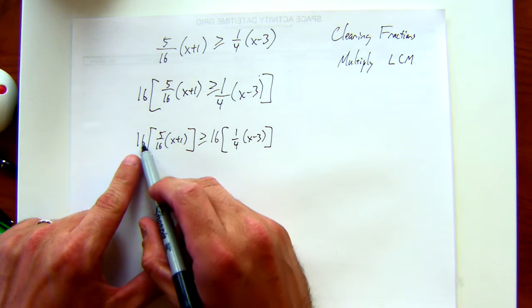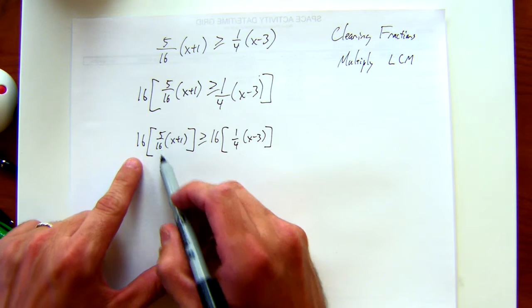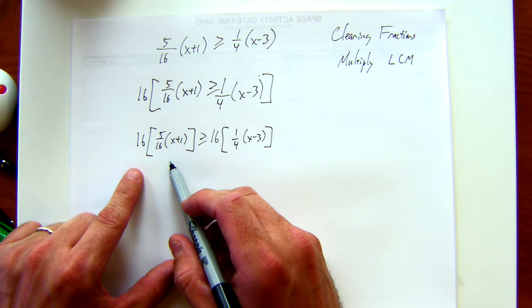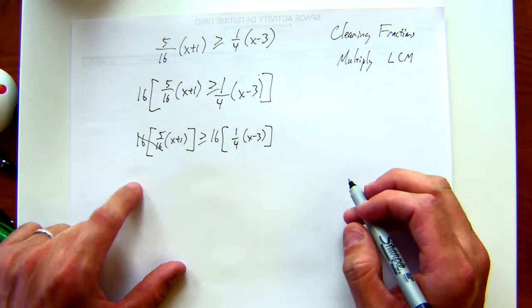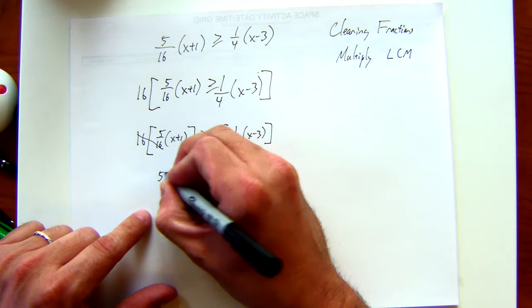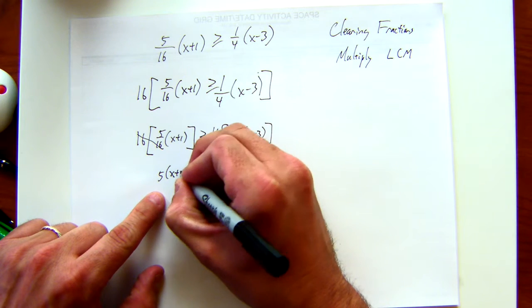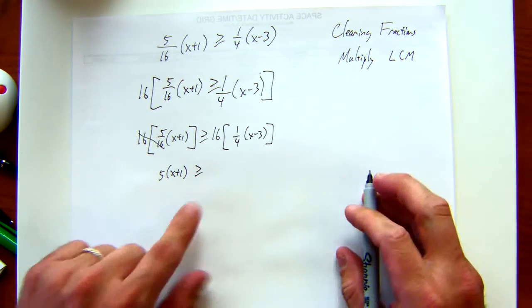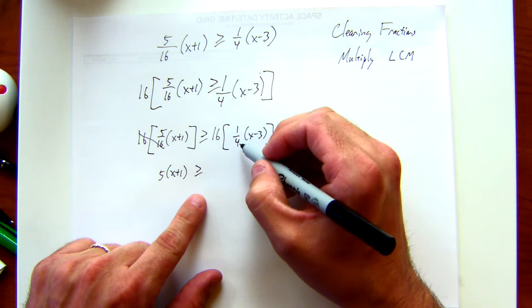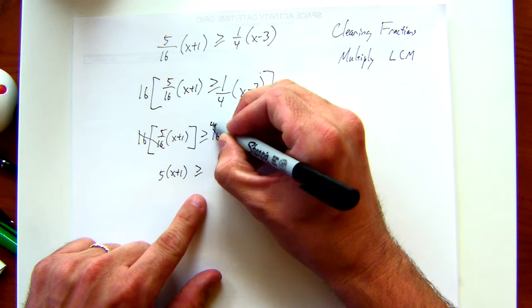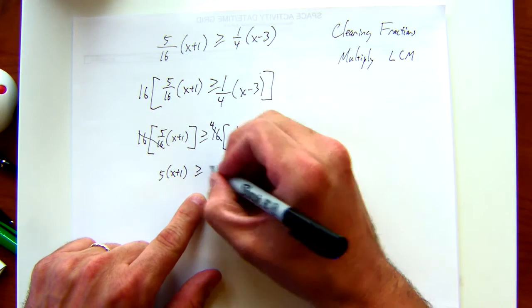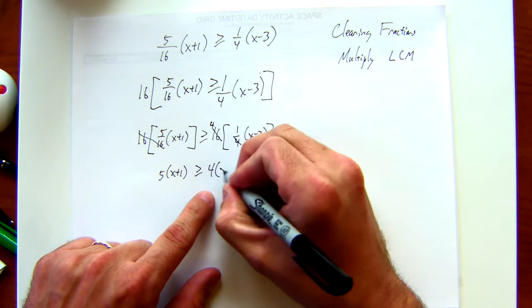Now what happens when I multiply 16 times 5 over 16? The 16s cancel. And what do I have left? 5, and then I still have the x plus 1, greater than or equal to. Now what about here? 4 will go into 16 how many times? 4. So then I have 4 times x minus 3.